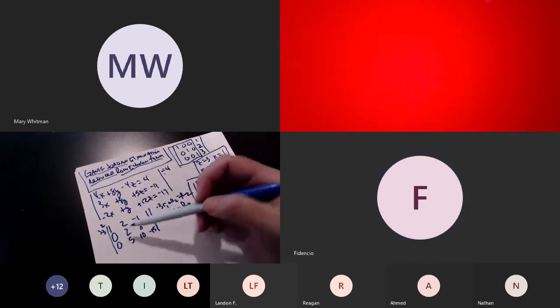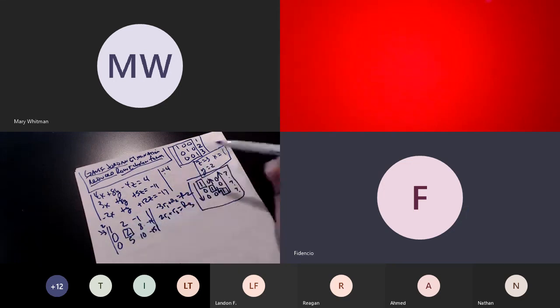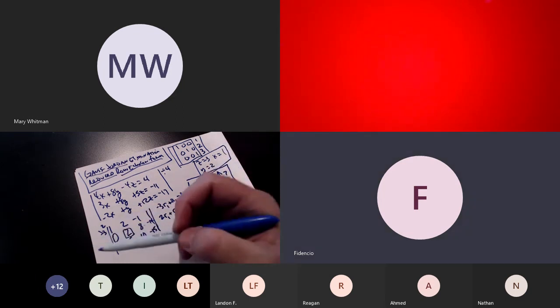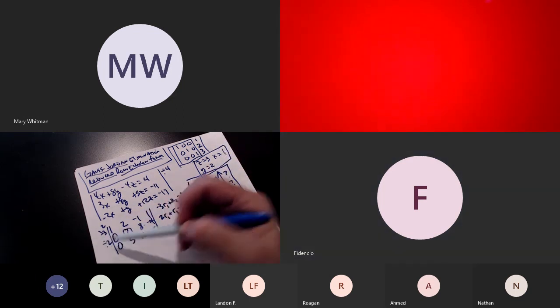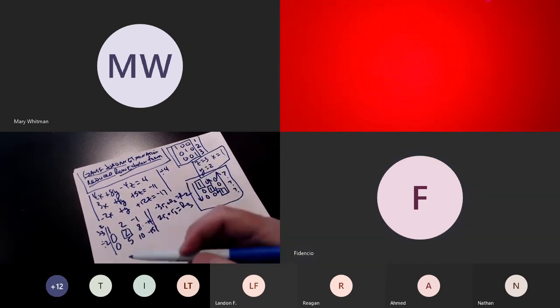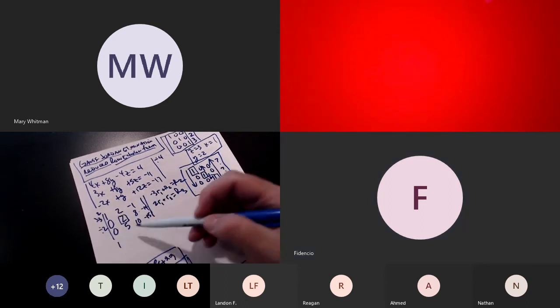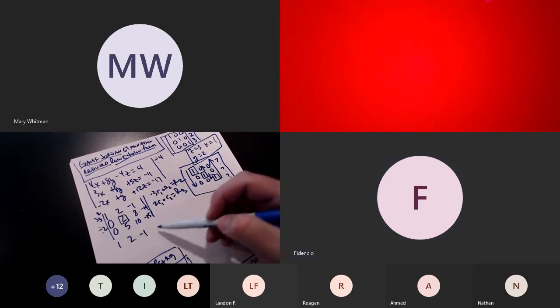Now my goal is I need to turn this 2 into a 1. What's the easiest way to do that? I'm going to divide by 2. Okay? So I'm going to rewrite my top row: 1, 2, -1, 1.